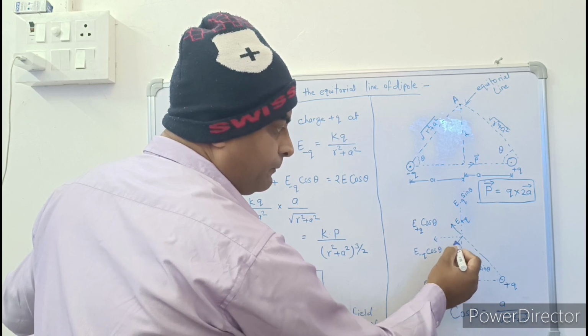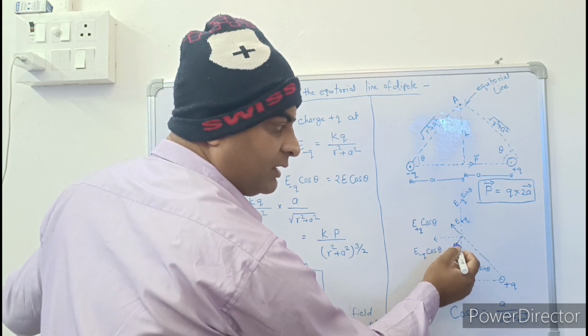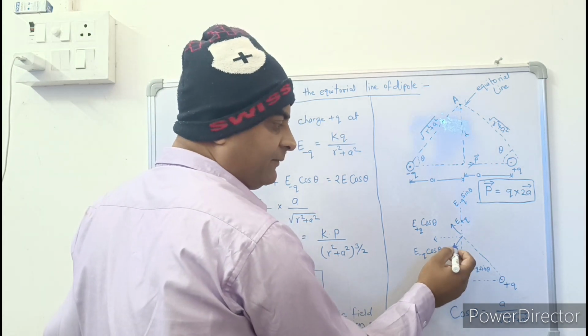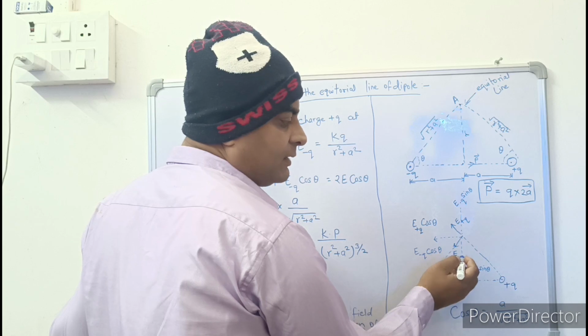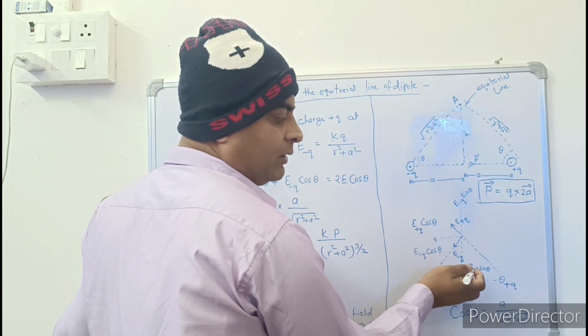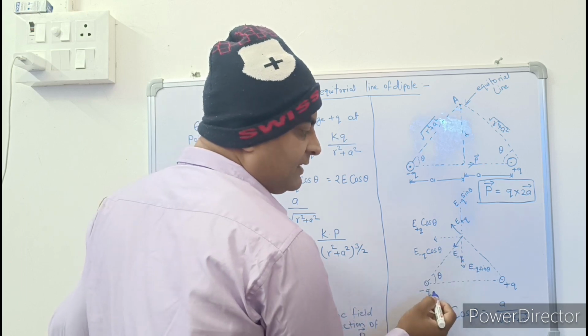For this electric field E minus Q, you have to take the cosine and sine components.